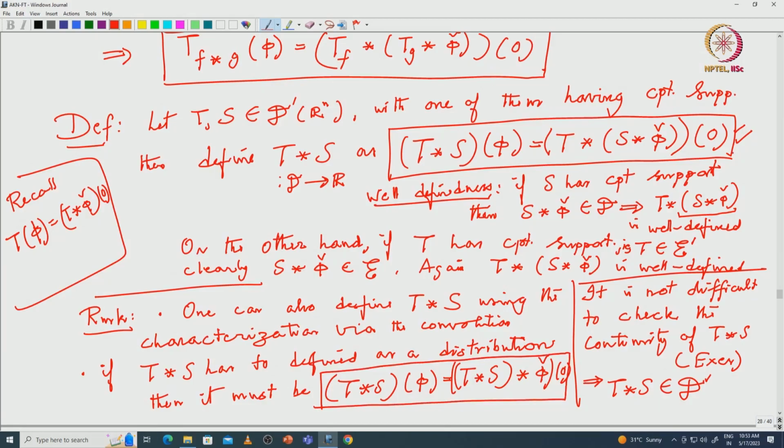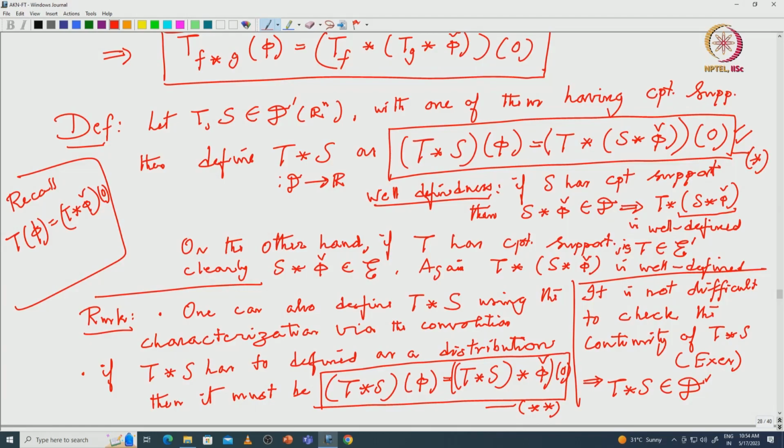If I call this star, and this double star, then precisely T star S is the unique distribution satisfying the associative law. So, basically the RHS of star and double star should match. The star gives you the formula, and the second one you are demanding the associative law.